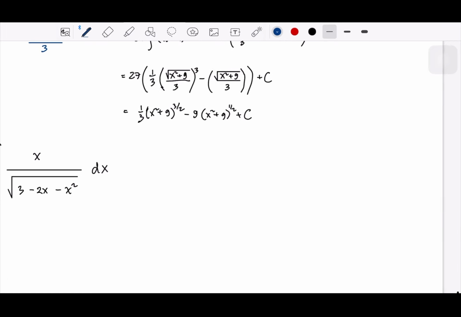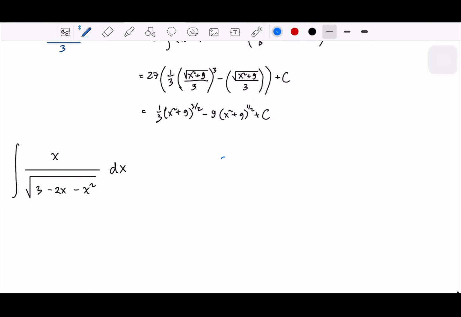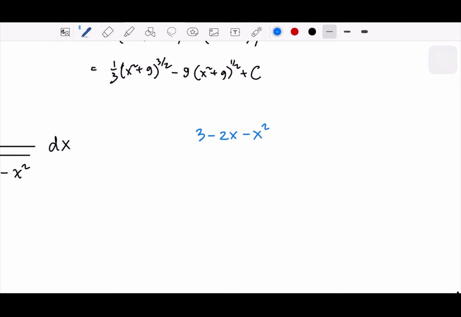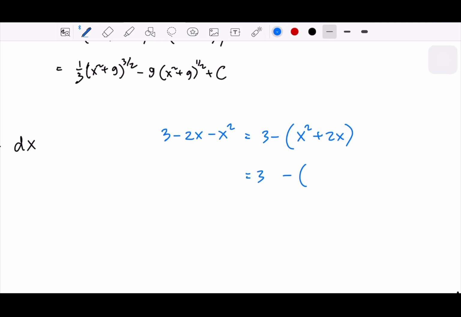Let me write here. We can write this starting from this part, plus 2x, and then we complete the square by taking this 2x plus 1.